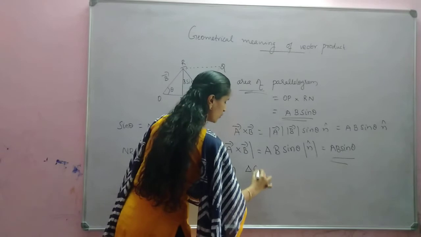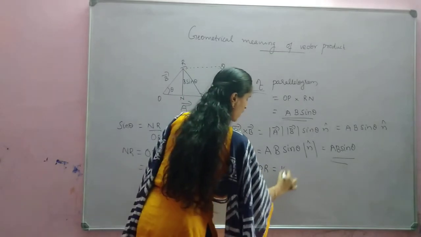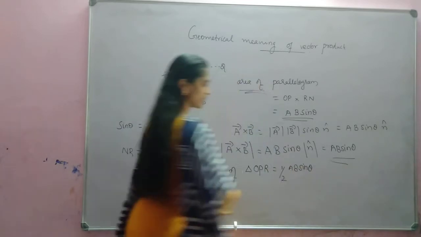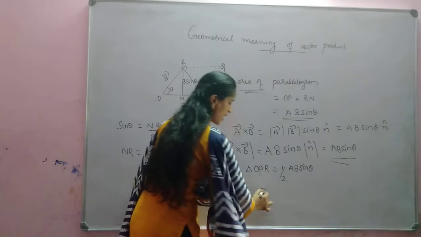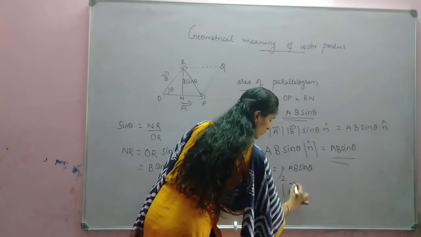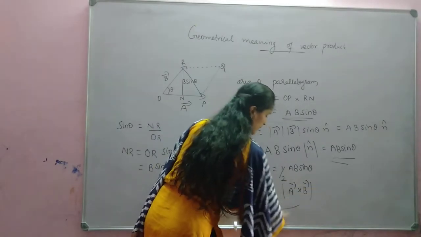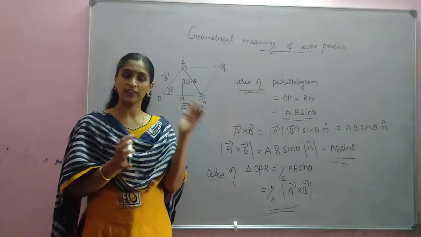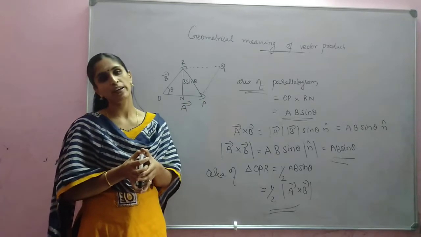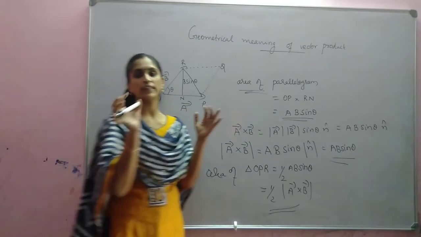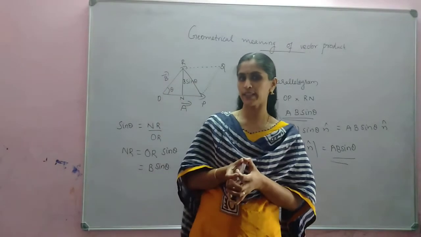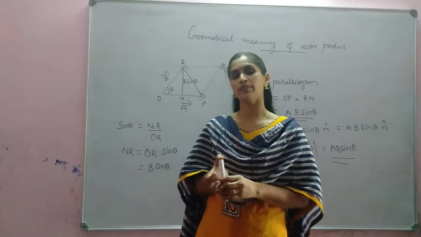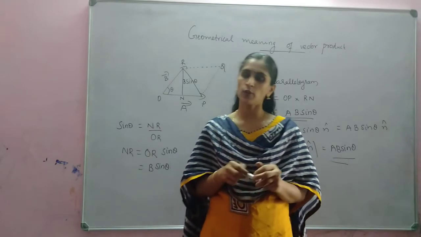Area of triangle OPR is equal to half into AB sin theta, or half into modulus of A cross B. So if two vectors are given as the sides of a triangle, the area of the triangle will be half into the magnitude of the vector product of those two vectors, divided by 2. Okay, is it clear?